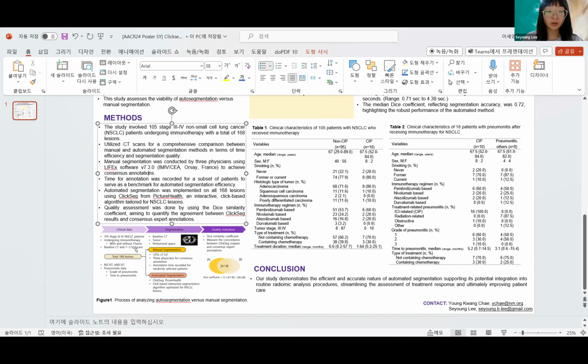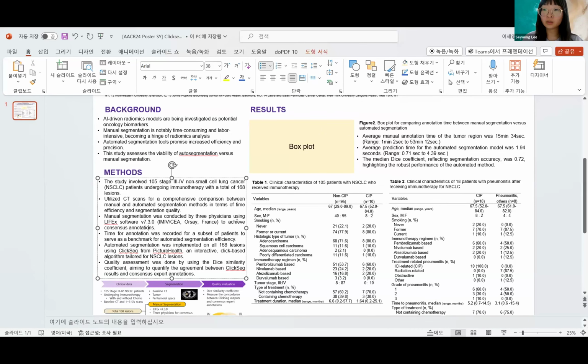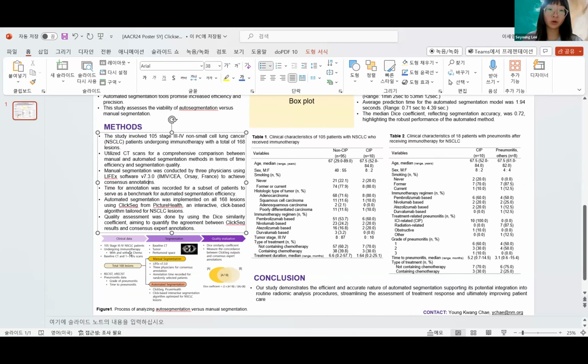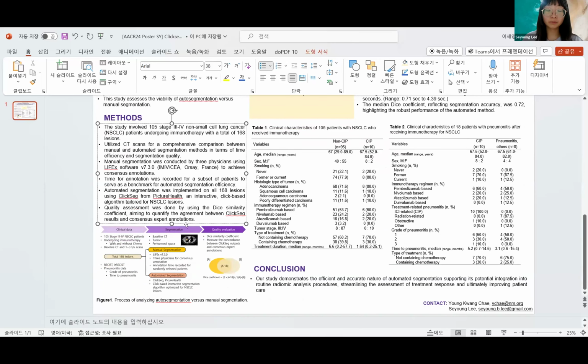But the times that were recorded, these 168 weren't all recorded, but only some.